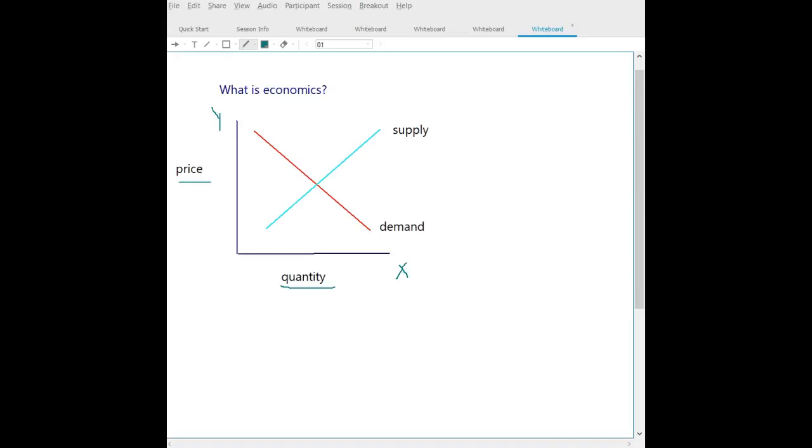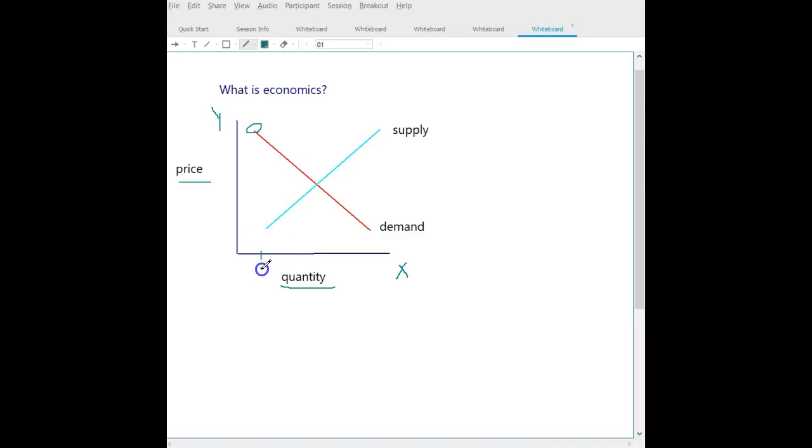So what's going on in this graph? You see that demand is a downward sloping graph. What that means is, as you can see, at the beginning of the graph, we start to say that the value is down here.